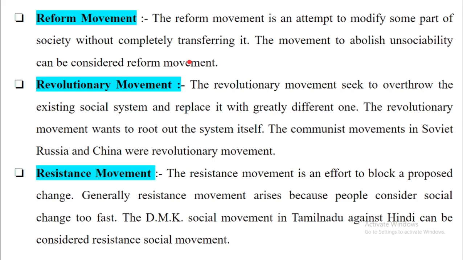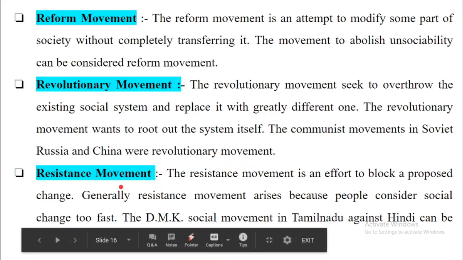Now next, revolutionary movement. The revolutionary movement seeks to overthrow the existing social system and replace it with a greatly different way. The revolutionary movement wants to root out the system itself. The communist movements in Soviet Russia and China were revolutionary movements.